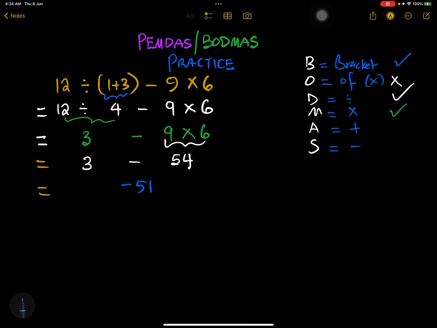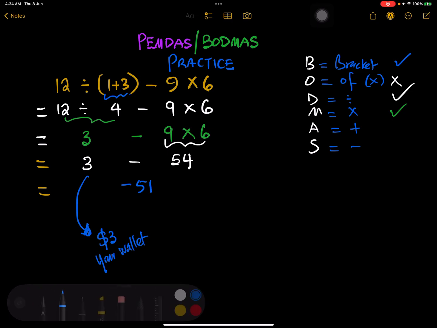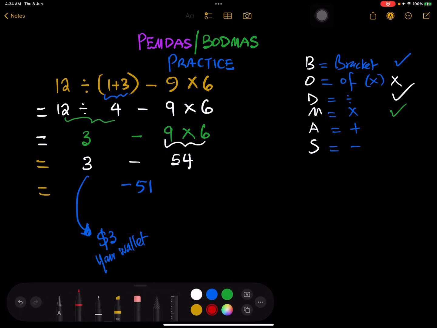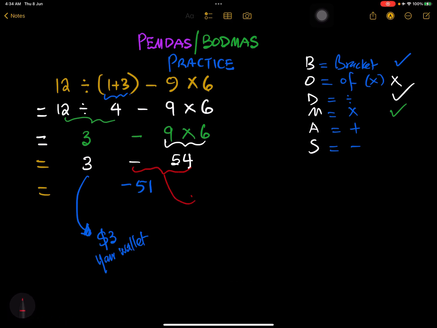And I explained to you why it's negative 51. This 3 is a positive number. So let's imagine it's $3 and it's in your wallet. And then we imagine that this thing here is what you owe. You owe $54.